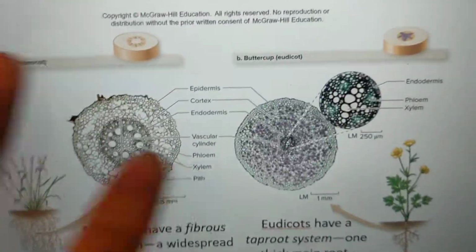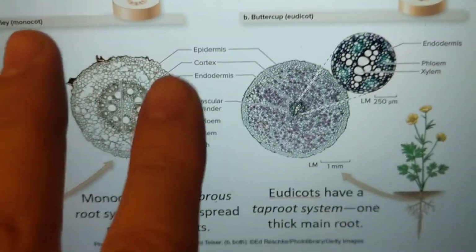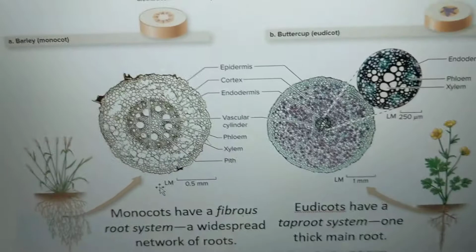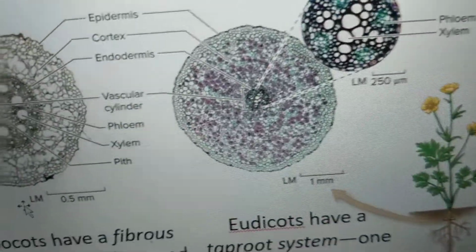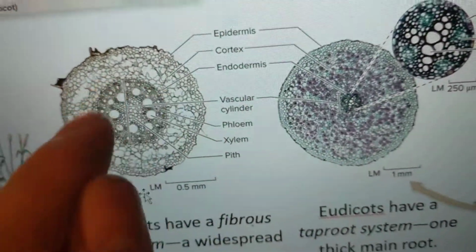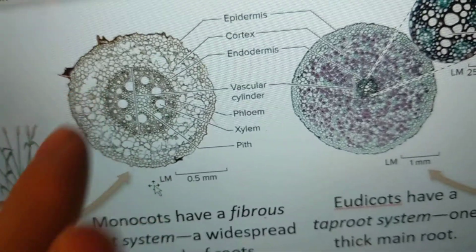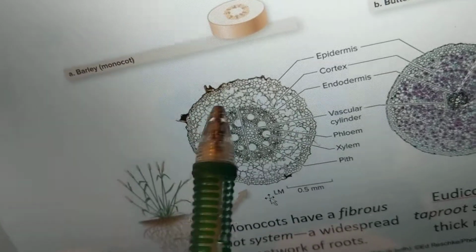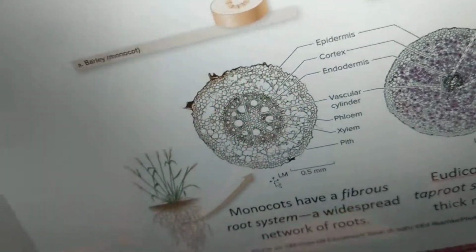Now, you need to know the different parts of the root cross section. The outermost layer is the epidermis. Between the endodermis, this second circle in the middle, and the epidermis, the section right here is called the cortex.